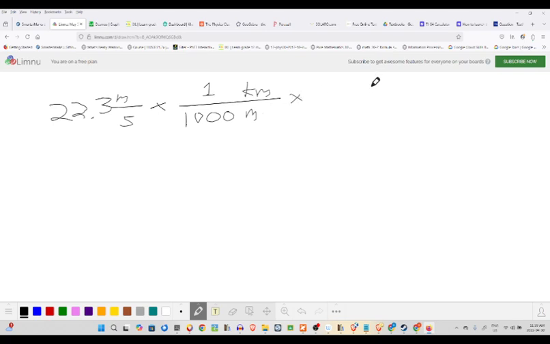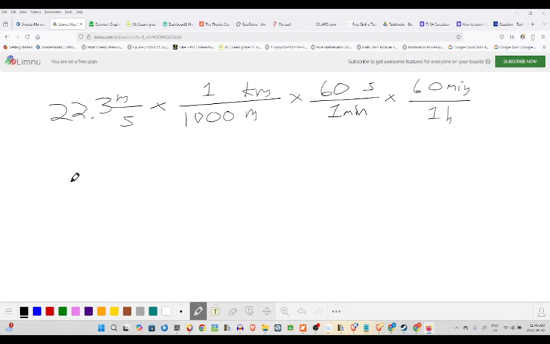We also need to eliminate seconds in favor of hours. We could do it in one step if you want, but really 60 seconds makes 1 minute. So we converted seconds to minutes now. And 60 minutes makes 1 hour. So when we multiply these out, we'll have 2 60s and 1,000.